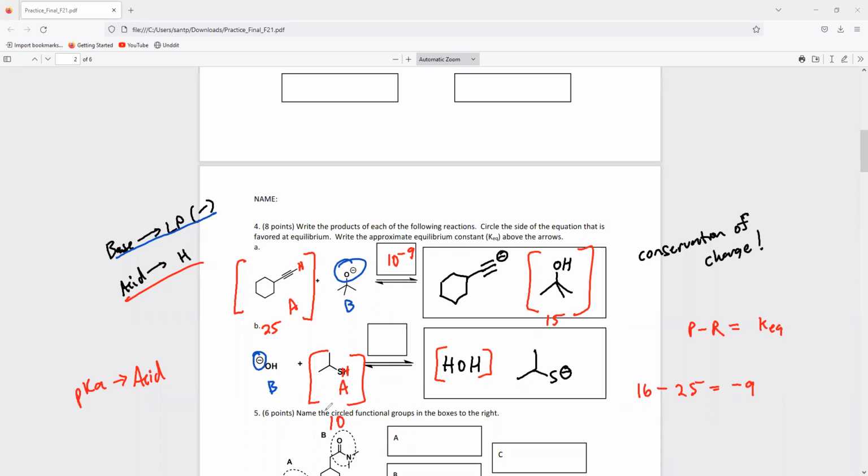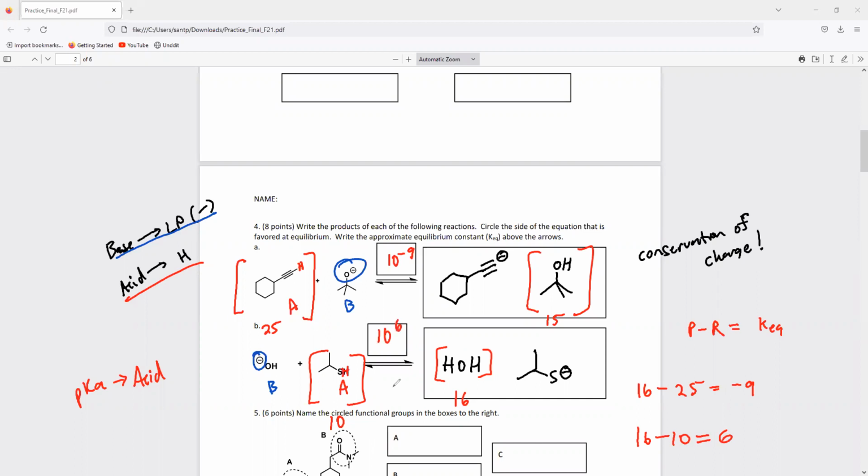Okay, 10 is the value that I would know for this one, or 9 or 10. And then water, oh shoot. Okay, if it's either 14 or 15 that he puts for this one, it's also 16. So the left side is 10 and the right side is 16. Okay, cool. So 16 minus 10, that's going to give us 6. So this would be 10 to the 6.